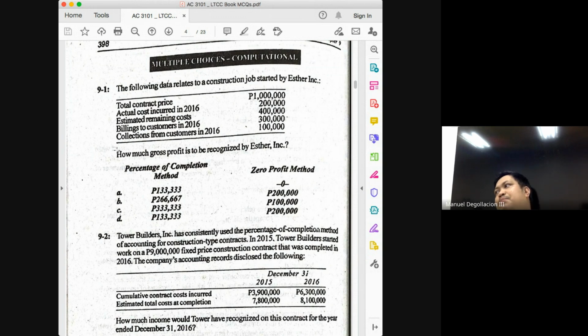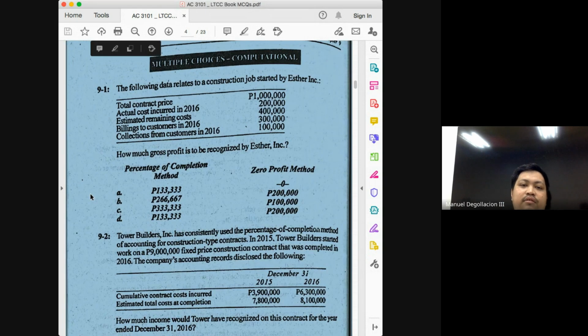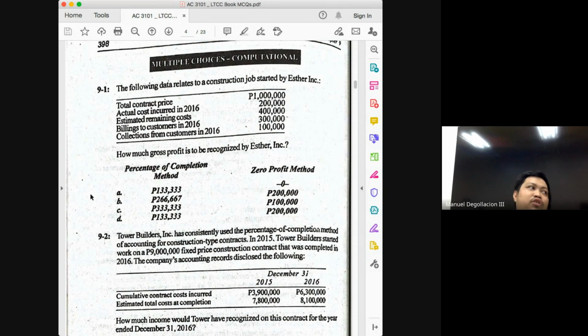Unexpectedly, your RGP will also be wrong. So very important that you get the correct cost at completion. And you'll notice in problem 9-1, it's not given. We had to solve for the cost at completion, which was 600,000. So very crucial is cost at completion.